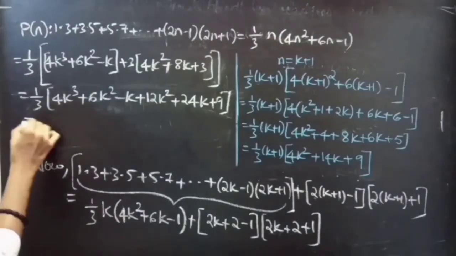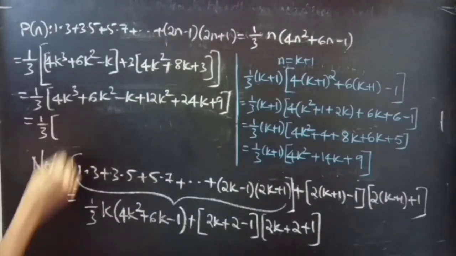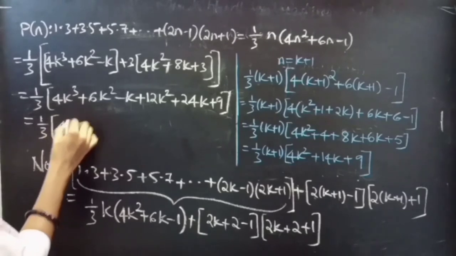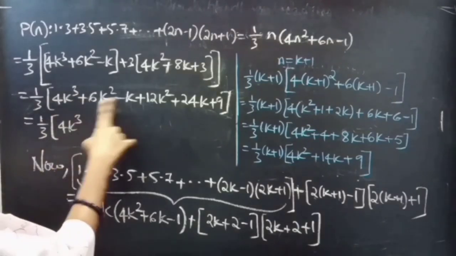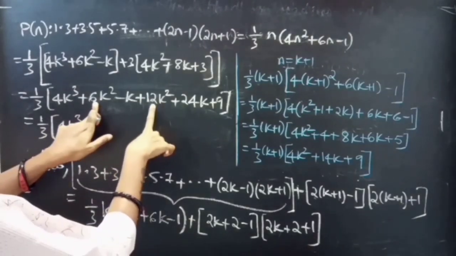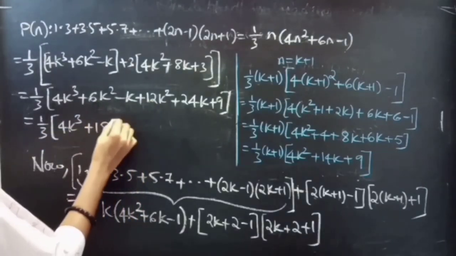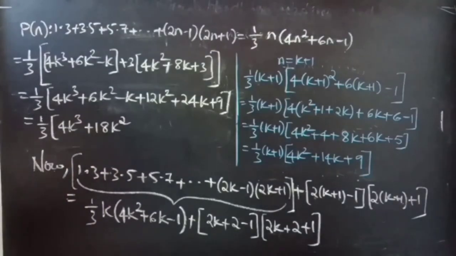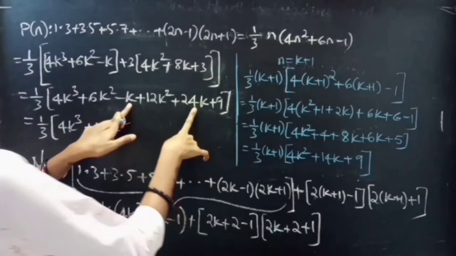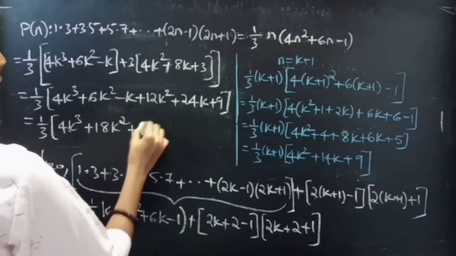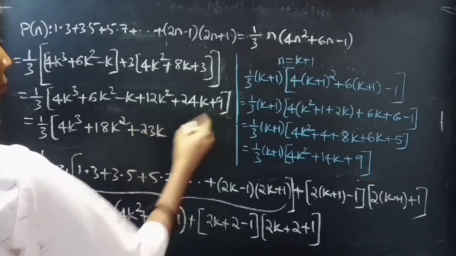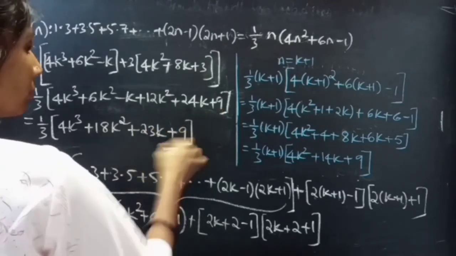This equals 1 by 3 into 4k cube. Now add k square terms: 6 plus 12 is 18k square. 24k minus k is plus 23k, plus 9.